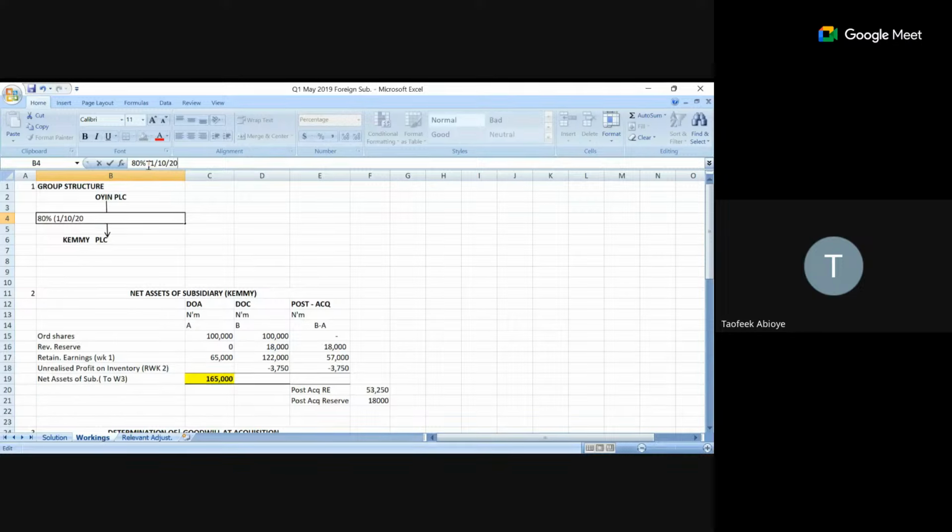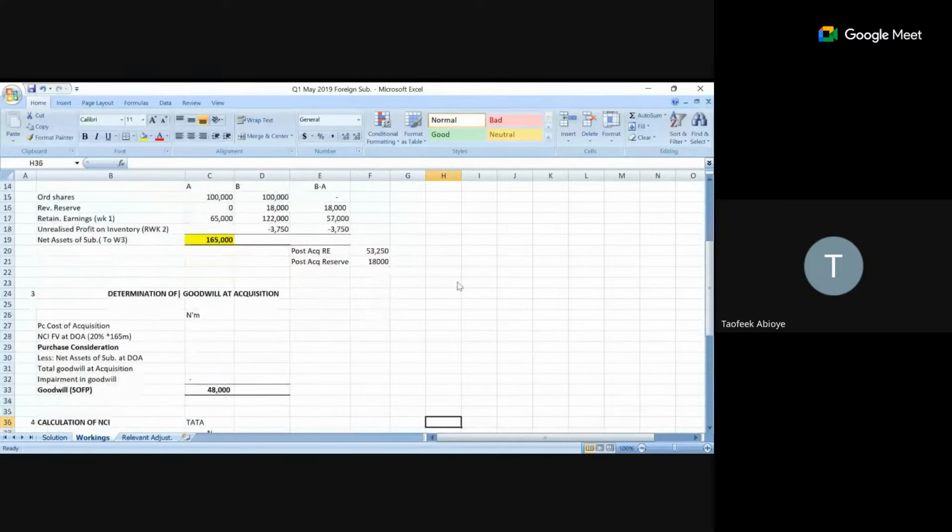Sorry, 2015. It was the asset that was bought in 2016. Sorry, the date of acquisition is 2015. So we are done with group structure.